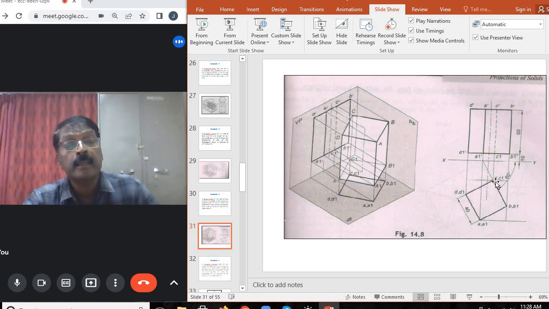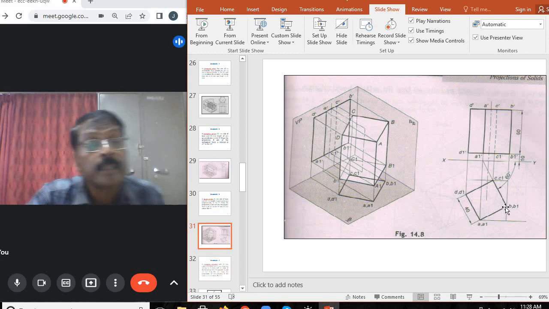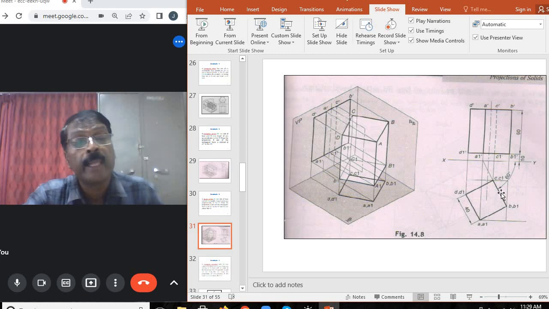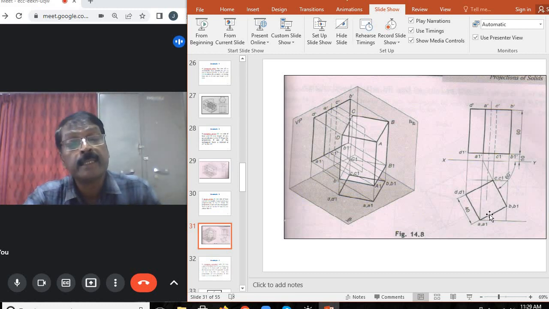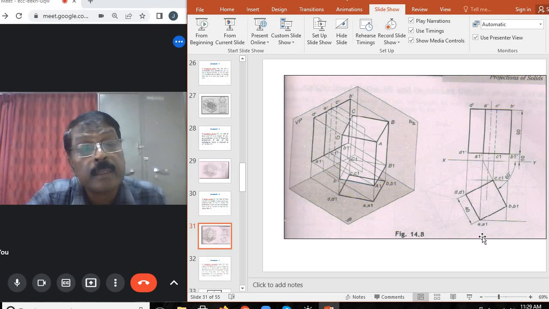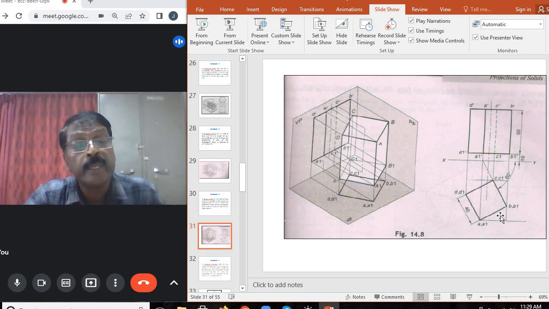On that line, take the first edge, here it is CB, and with reference to that edge, complete the square of 40 mm side.